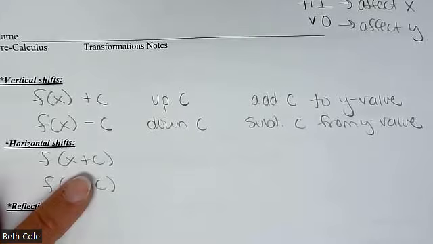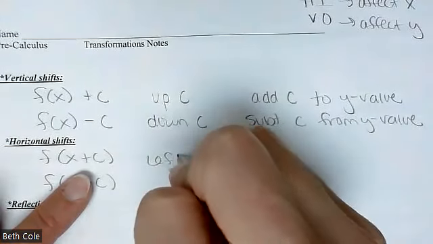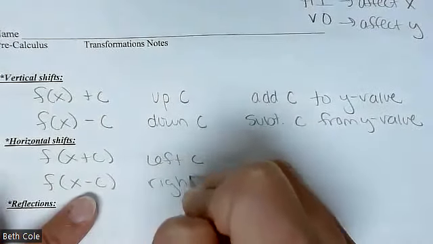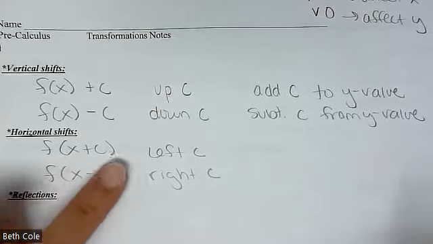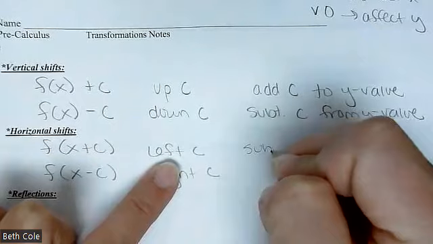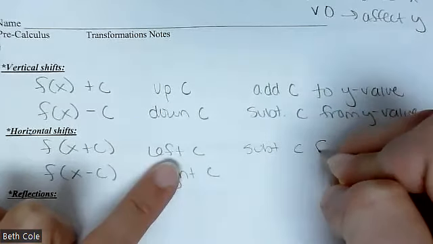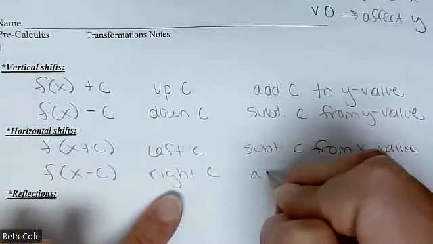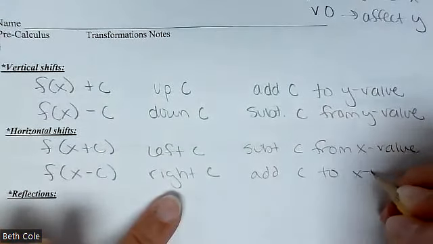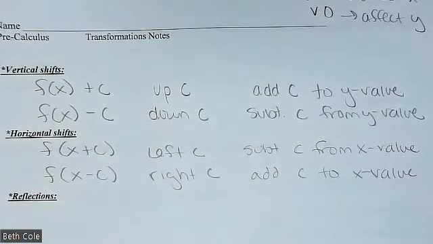Good, that will go left C, and the subtraction will go right C. All right, and so since it's inside, it's going to affect the X value. So if you're going left, you're going to subtract C from your X value. If you're going right, you're going to add C to your X value. Again, kind of backwards, but it's affecting the X's because it's left to right.